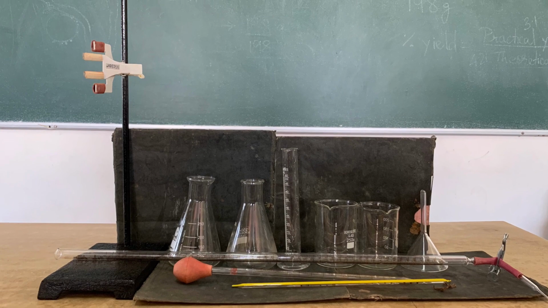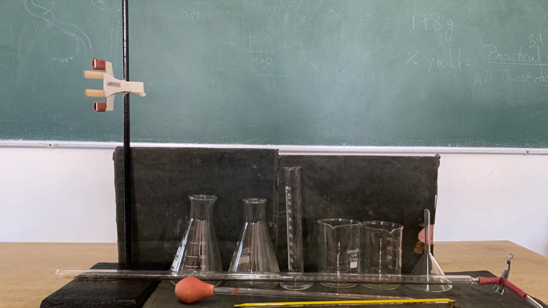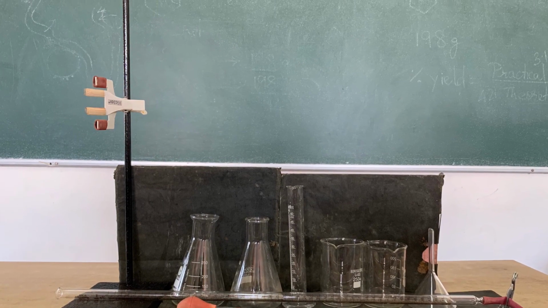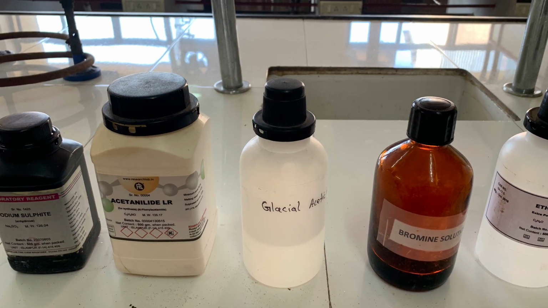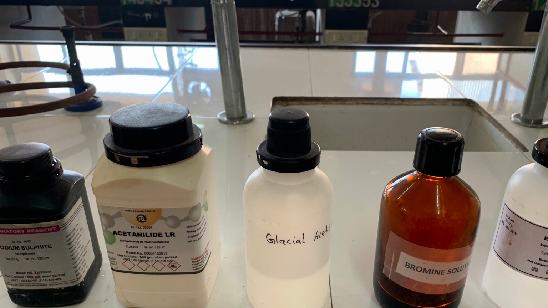The apparatus required for this experiment are conical flasks, measuring cylinder, beakers, burette stand, pipette, funnel, and thermometer. The chemicals required are acetanilide, bromine, glacial acetic acid, water, sodium sulfite, and alcohol.